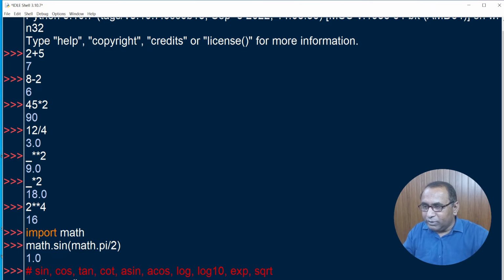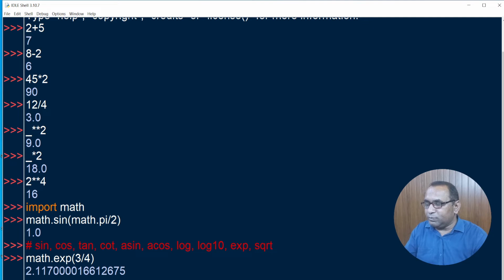From the math module we have the exponential function, and we want to calculate the exponential of 3 by 4. When you press enter, see, this is the corresponding value, which is 2.11700001661267.